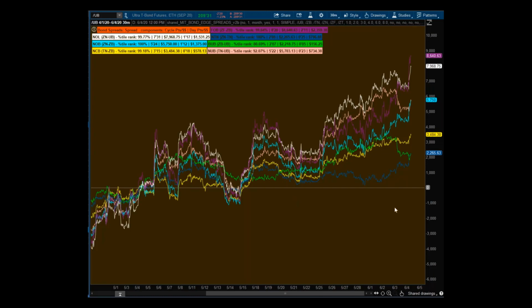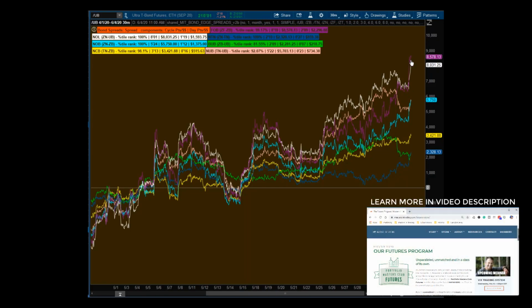When we're doing this, I want to see which spreads are really correlated, which spreads are really pushing and pulling off one another. Right away, looking at the NTN and the BUB, obviously they are very, very close.